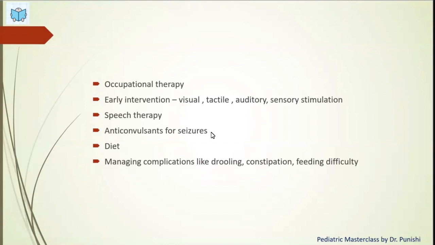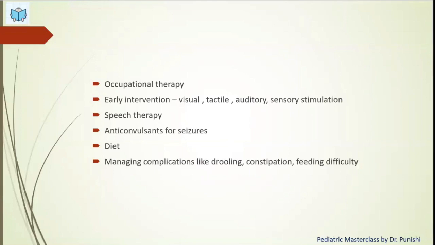So often a dietitian reference is very important when you're dealing with a child who has CP, especially with feeding difficulties who's undernourished and underweight. So diet is something which is very important. And lastly, managing complications like drooling, constipation, and feeding difficulties.